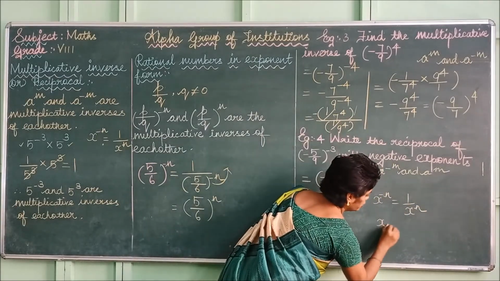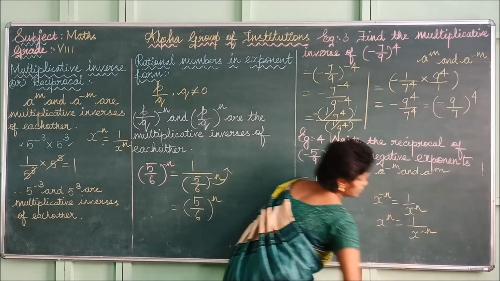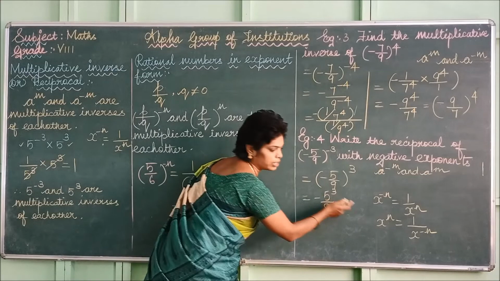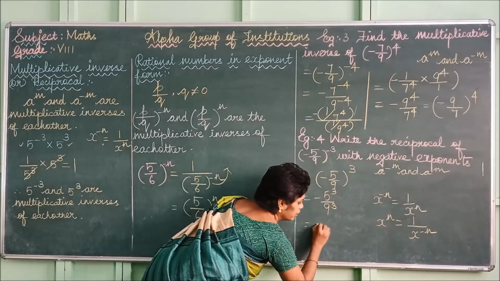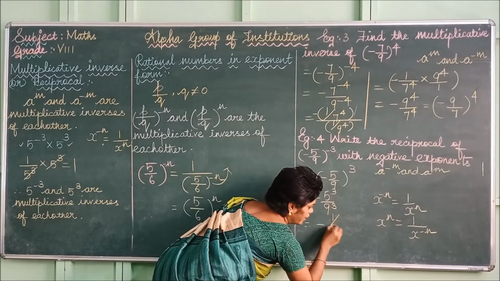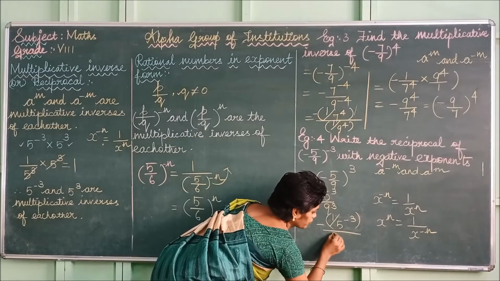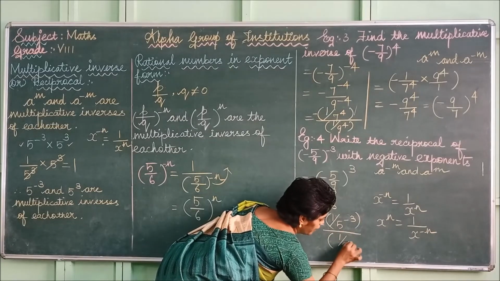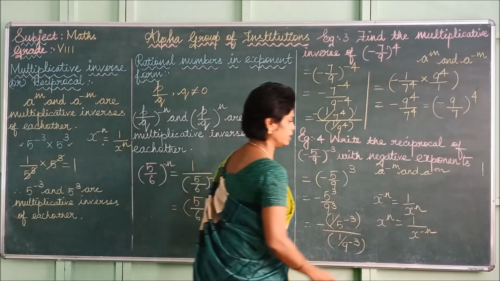If it is x^n, the value will be x^(-n). So here the value is positive, that is x^n. You can change and write 1 divided by x^(-n). That means 1 by 5^(-3) divided by 1 by 9^(-3). So here also the value is positive, so you can change and write.